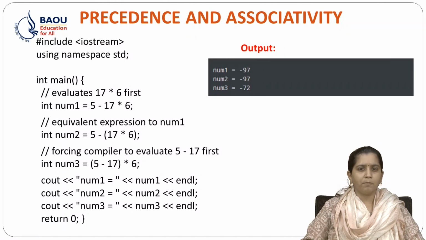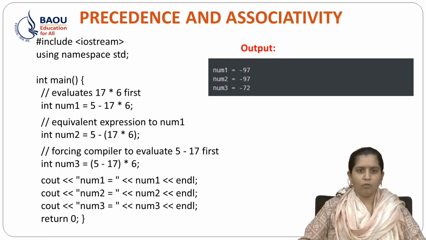So, what is precedence and associativity in C++? Let's see one example of this. First, what I have done is include iostream, using namespace std. Int main, in which I have initialized one variable int num1. Here 5 minus 17 into 6.